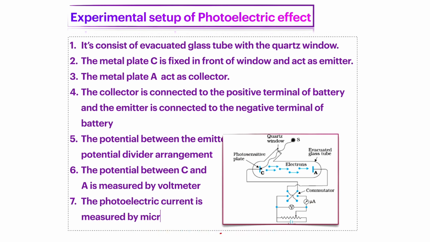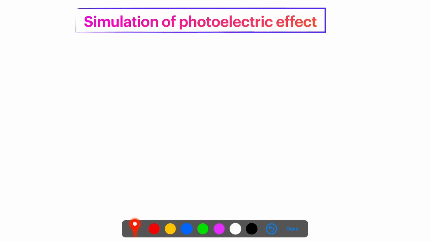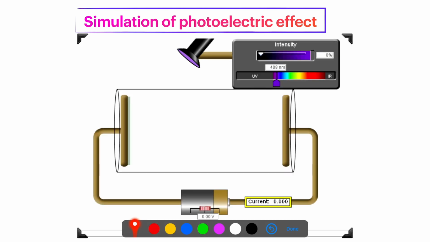So in order to understand this experiment and its observation, we have a beautiful simulation of the photoelectric effect, which is something like this. It is a bit different from the textbook picture, but it is similar.